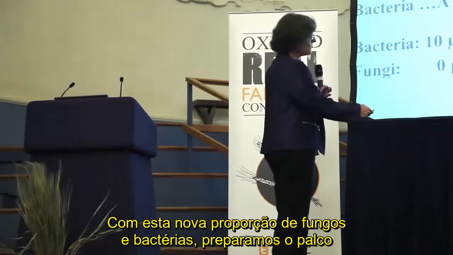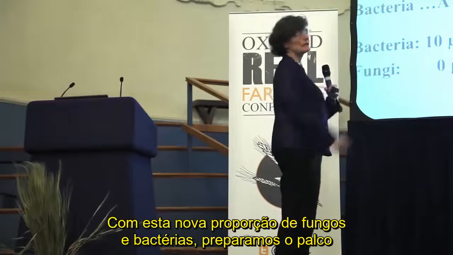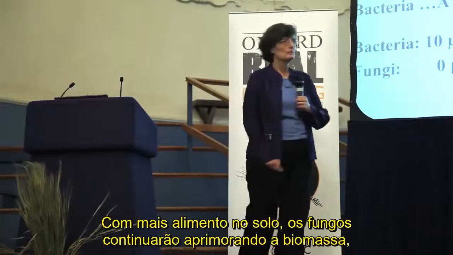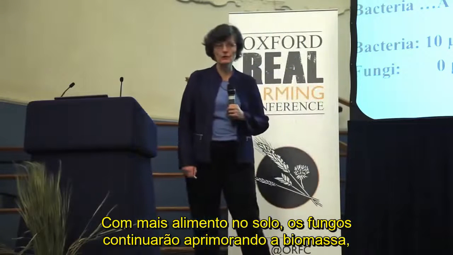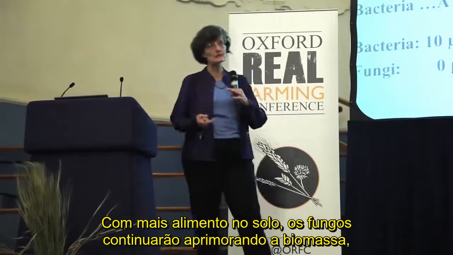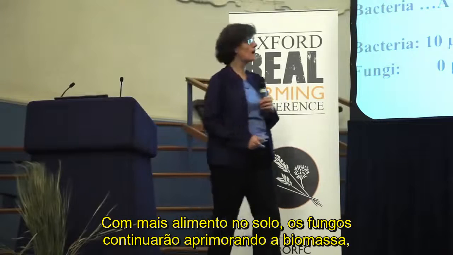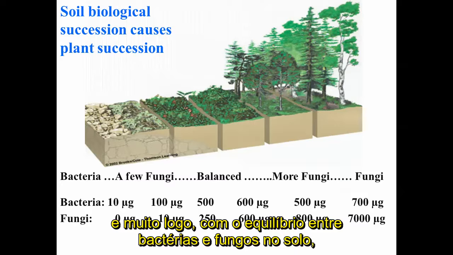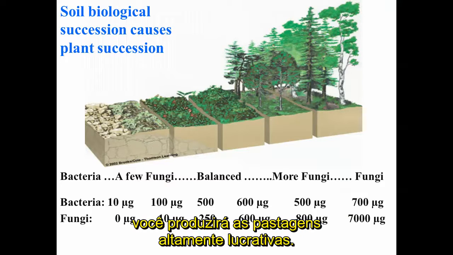But that ratio of fungi to bacteria, we're setting the stage for all of our vegetable crops. More fungal foods coming into the soil. We're going to keep enhancing, or nature keeps enhancing, that fungal biomass in the soil, and pretty soon, a balanced ratio of fungi and bacteria, you're going to be growing highly productive pasture species.